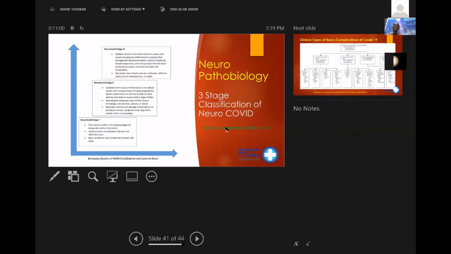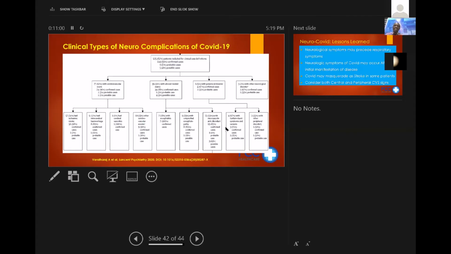This is a paper that was published in Lancet Psychiatry, and which essentially came out from data that was harvested from a CoroNerve platform. Essentially a platform that was made available for physicians who are likely to see neurological manifestations of COVID to register or inform of patients that came with either neurologic or psychiatric manifestations.